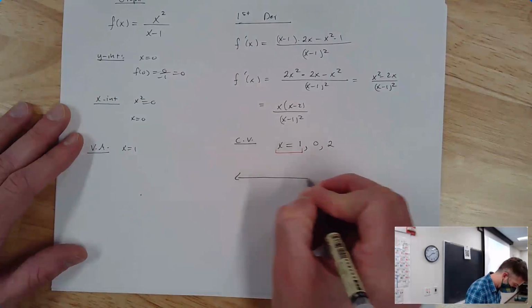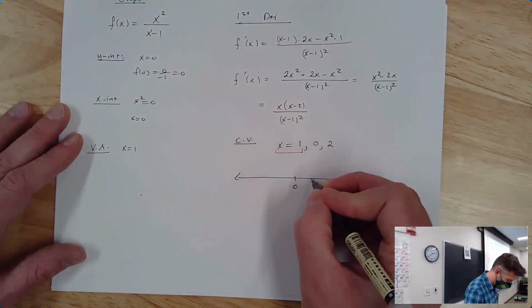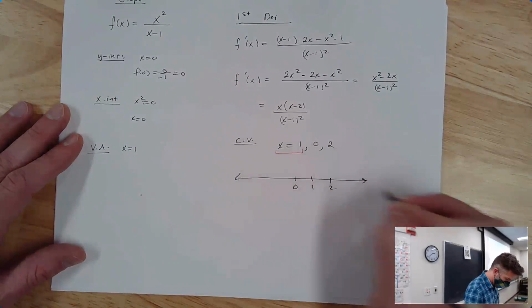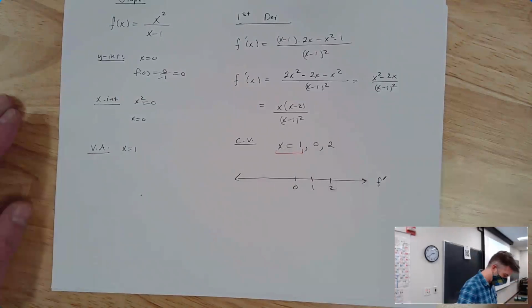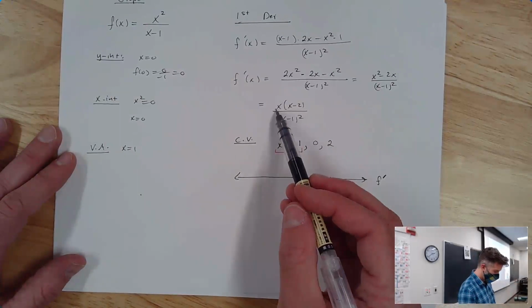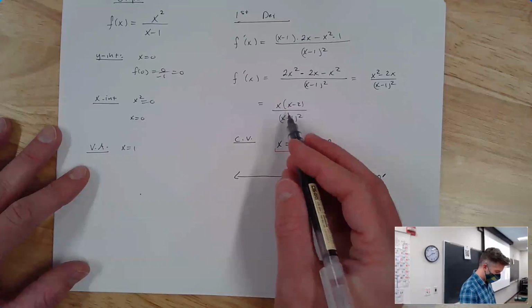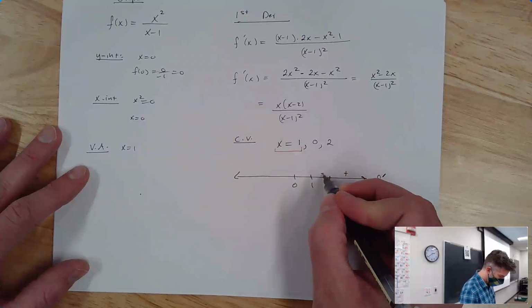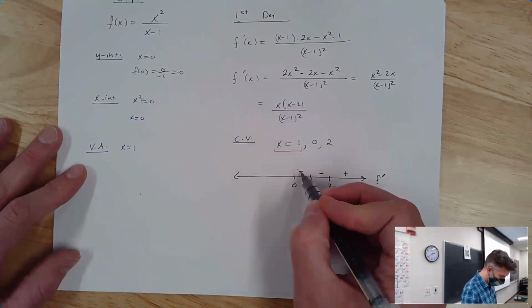So on my number line, I'm going to put all of my critical points, real or pseudo: 0, 1, and 2. And I'm going to figure out what the first derivative is doing. Okay, well, if x is bigger than 2, my first derivative is positive. Between 1 and 2, it's going to be negative. Between 0 and 1, it's going to be negative.